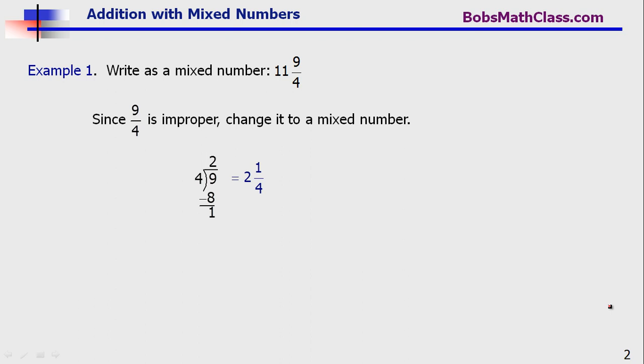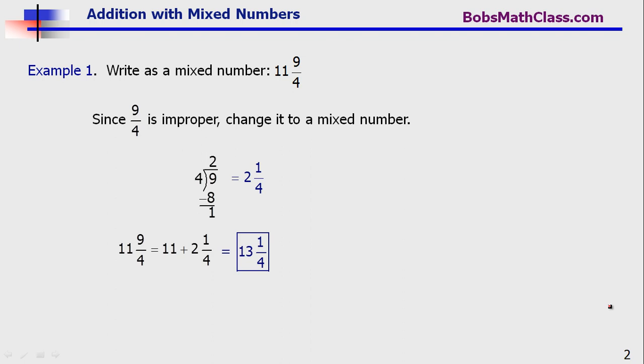And now we're going to add the two whole numbers together. So it's going to be 11 plus 2 1/4. So add the 11 and the 2. So 13 and 1/4. That now is a mixed number because it's a whole number and a proper fraction. So I know there's no symbol in between, but it does mean sum.